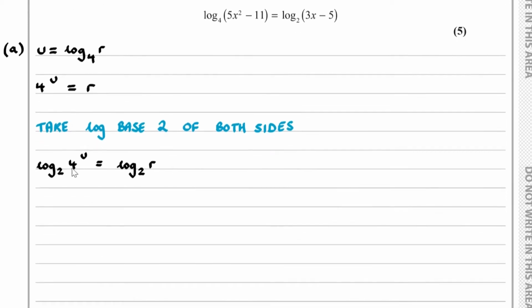And so using the power law, we would end up with u times log base 2 of 4 equals log base 2 of r. And recognizing that log base 2 of 4 is 2, because 2 to the power of 2 equals 4, on the left hand side we have 2u, and on the right hand side we have log base 2 of r.